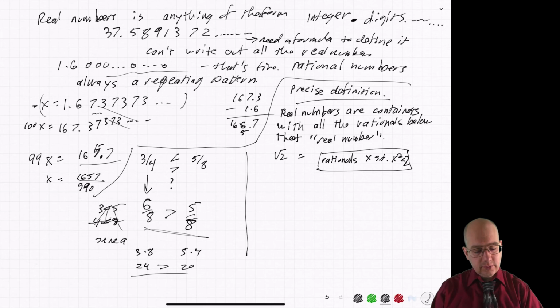And so, for example, 3/2 squared is equal to 9/4, which is greater than 2. So not in that set.